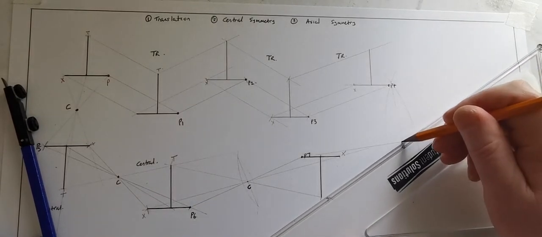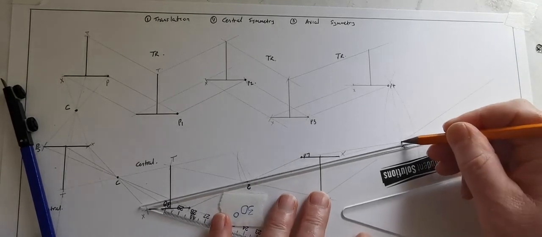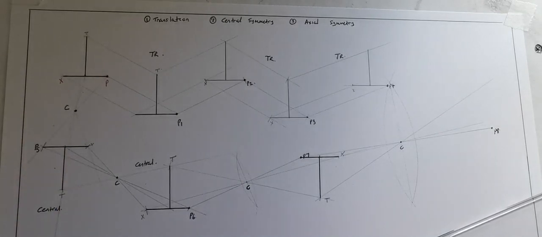T goes through that center the same distance beyond. X goes through that center the same distance beyond. Get your compass.